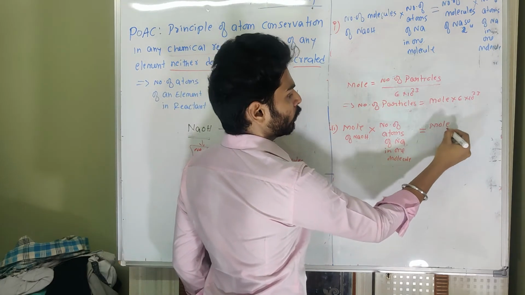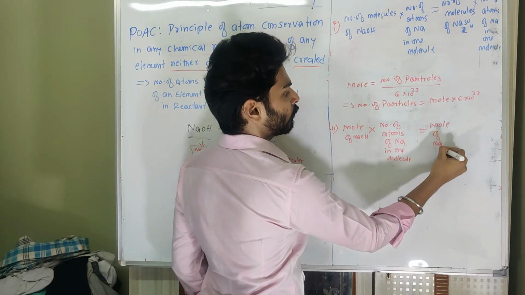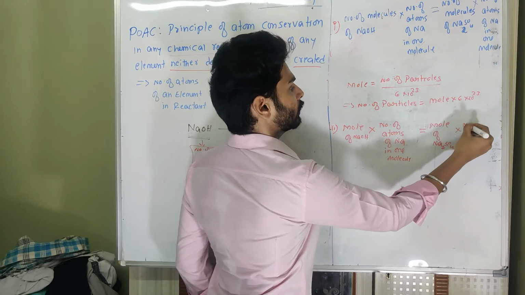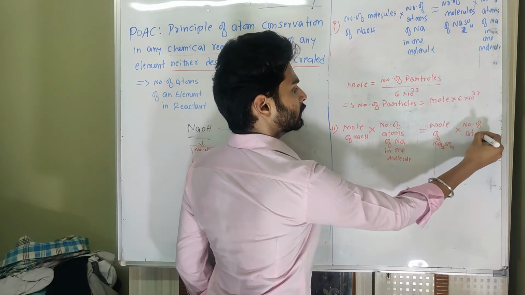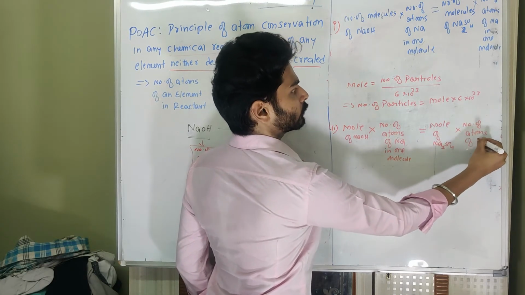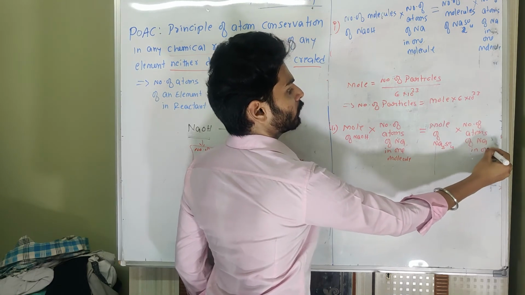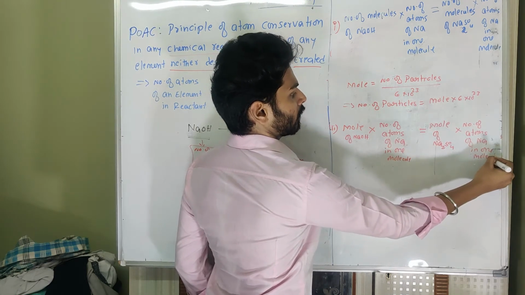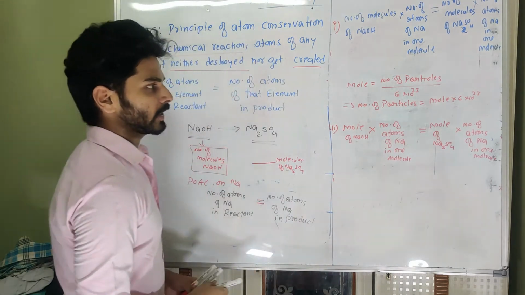Then this will be mole of Na2SO4 into number of atoms of sodium in one molecule of Na2SO4, into 6 into 10 raised to 23.